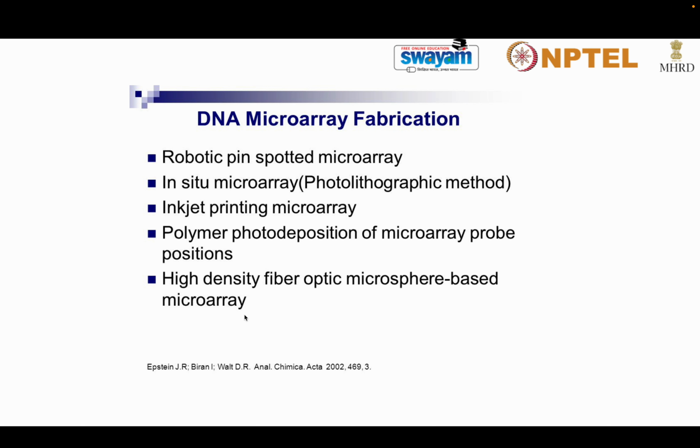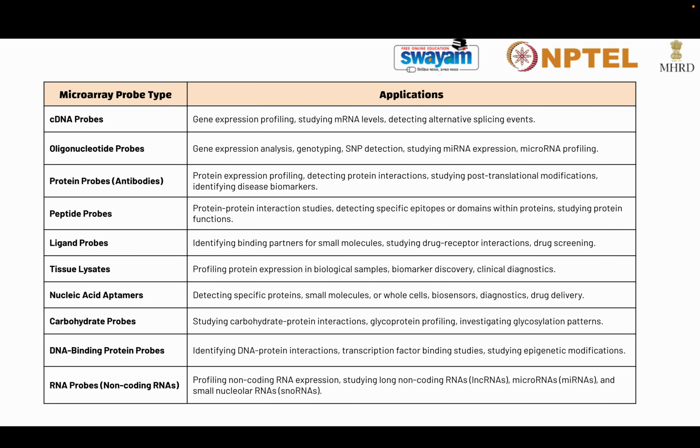These are different methods used for DNA microarray fabrication. You need not go into the depth because these are not in your syllabus, but this is just to give you the idea of how the probes are attached.